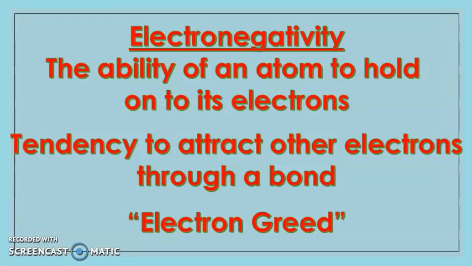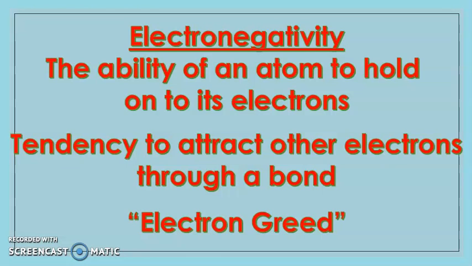Let's take a look at another trend, something called electronegativity. I have heard this described in a number of ways, so we'll look at an unofficial definition and then a more official definition. Unofficially, we talk about this as the atom's ability to hold on to and attract other electrons.